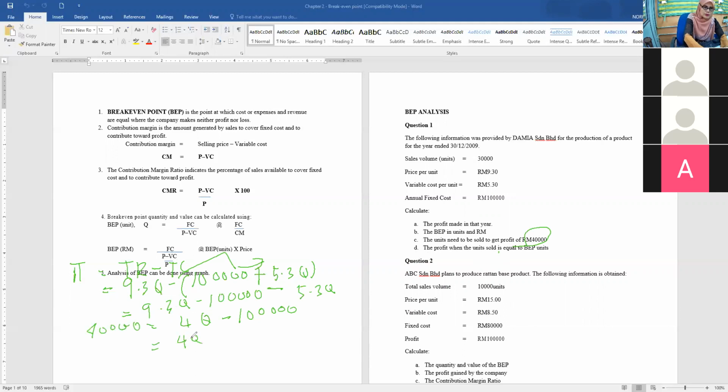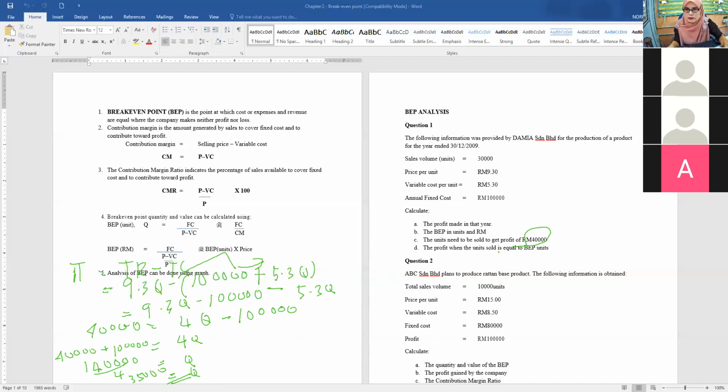So for Q, 40,000 plus 100,000, Q equal to 140,000 divided by 4. Berapa jawapan? 35,000. Okay. Faham ke semua? Faham.